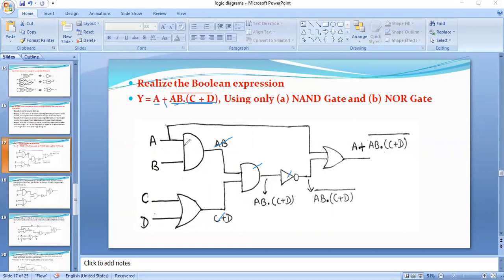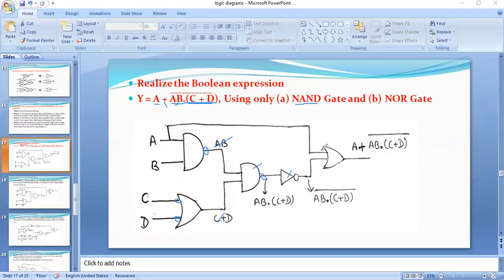In the next step, what we have to do? For example, if you want to implement this logic function using NAND gate, add a circle to the output of each AND gate and add a circle to the input of each OR gate.